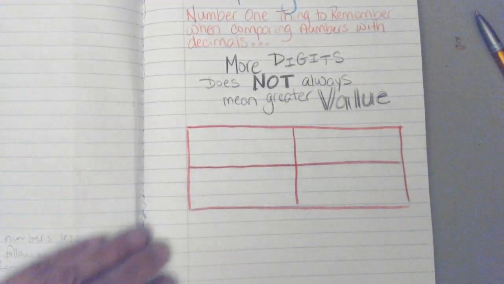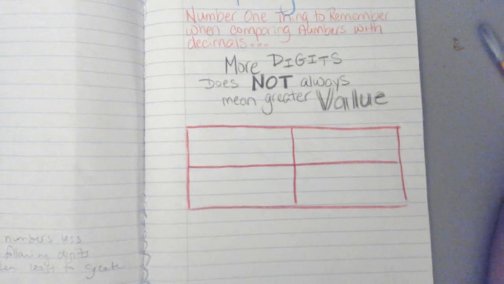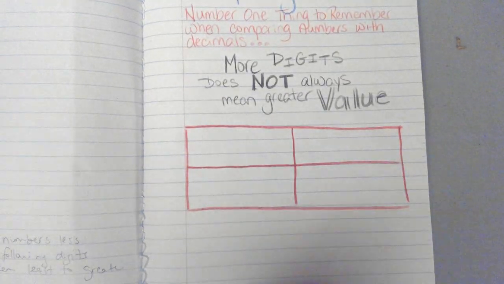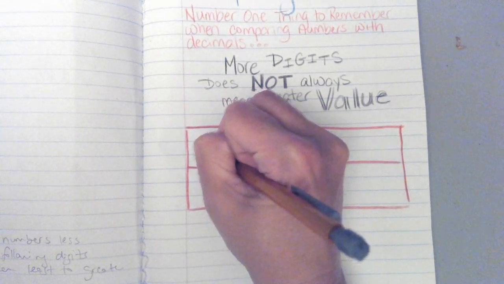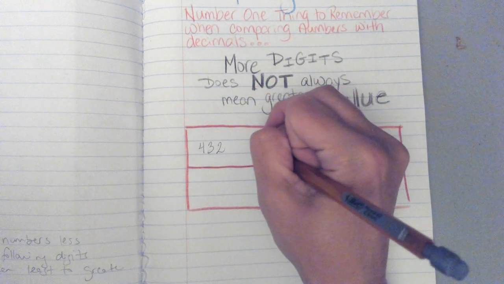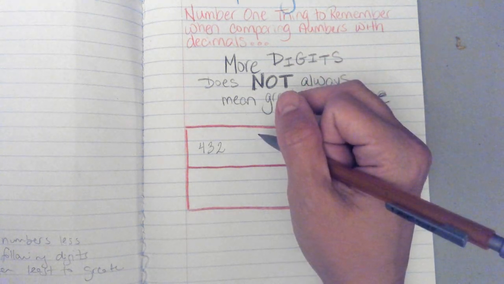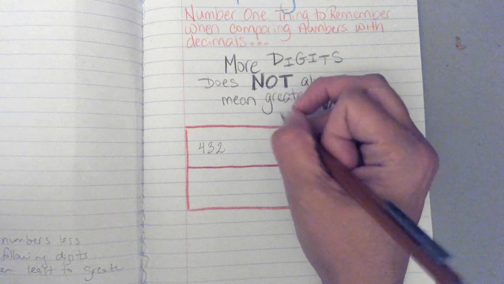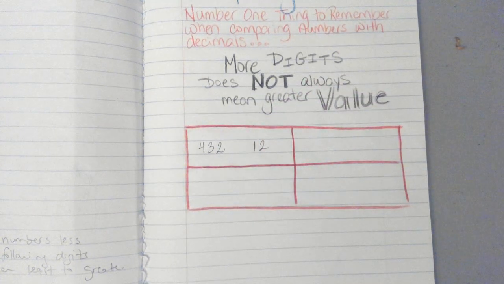So a little window like that, and I'm going to give you 3 examples. In my first example, I am going to compare 432 to 12. Okay, 432 to 12.